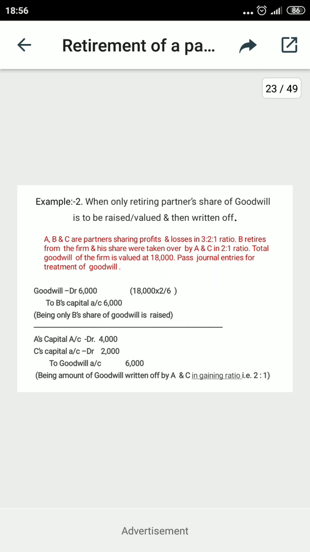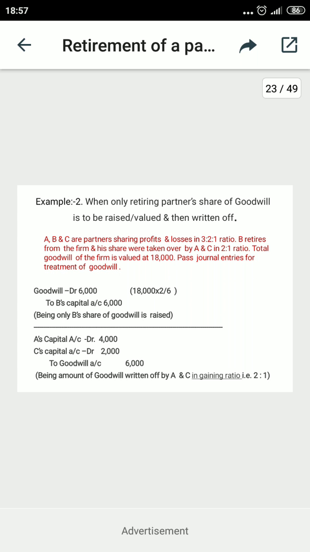But when calculating the share of goodwill, of 18,000 the outgoing partner's share is 6,000. Now you credit only the outgoing partner's capital account, B's capital account. You have not taken the full value, so all the partners are not credited. So the entry is goodwill account debit to the outgoing partner's account, and it is immediately written off with 6,000.